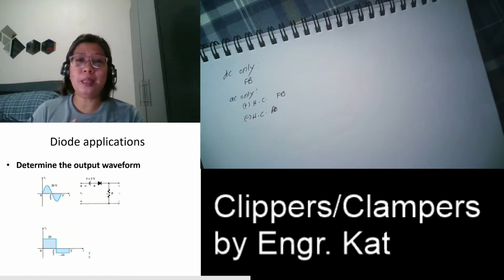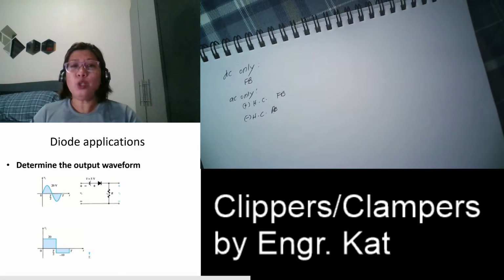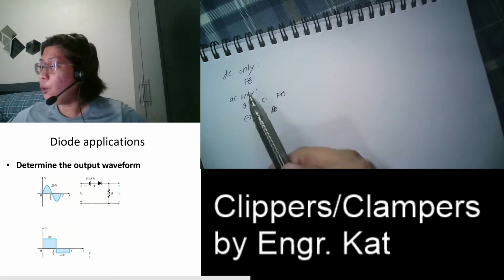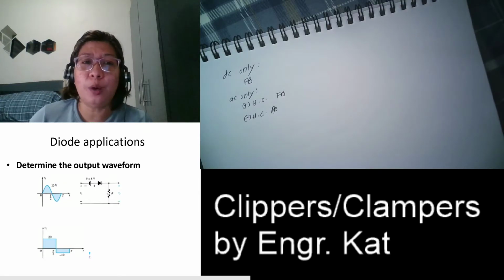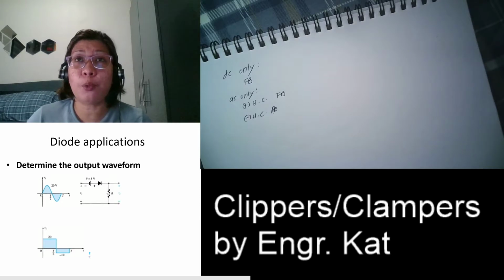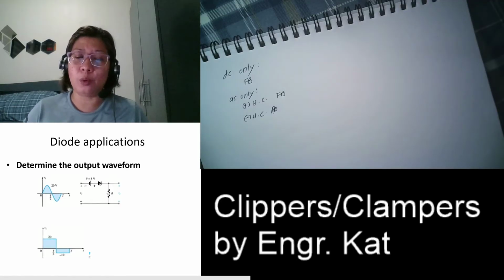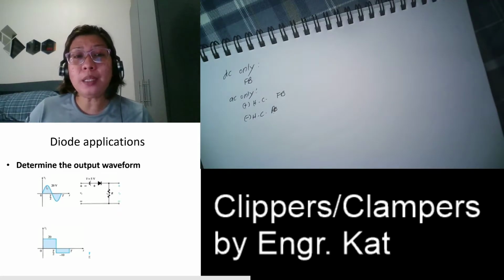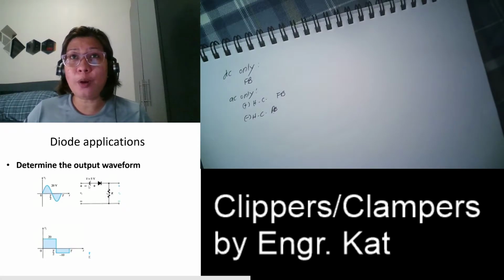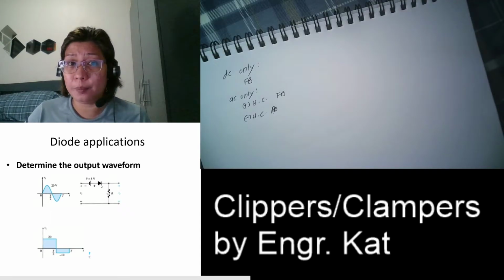What if we combine them together? If we combine them, even though your input is equal to 0, your diode is still forward biased. Why? Because of the 5 volts here, which will forward bias your diode. During the positive half, this is forward, and this is also forward, so we can say that this is really in forward bias mode.